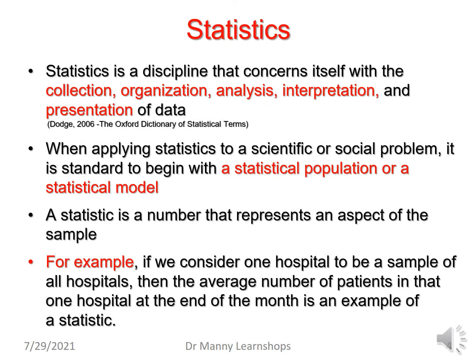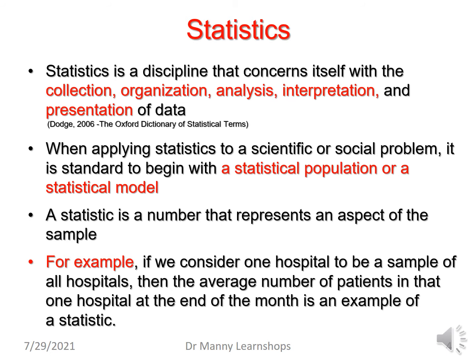So when we look at statistics, as we've mentioned previously, statistics is a discipline that concerns itself with the collection, organisation, analysis, interpretation and presentation of data. When applying statistics to a scientific or social problem, it is standard to begin with a statistical population or a statistical model. A statistic is just a number that represents an aspect of the sample.